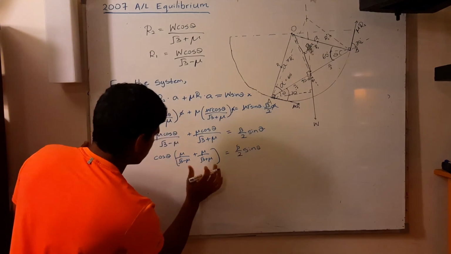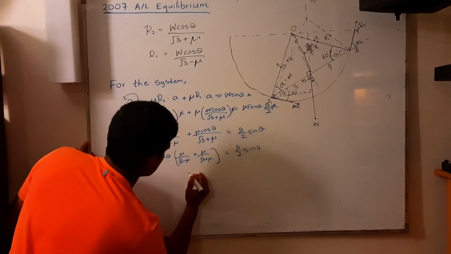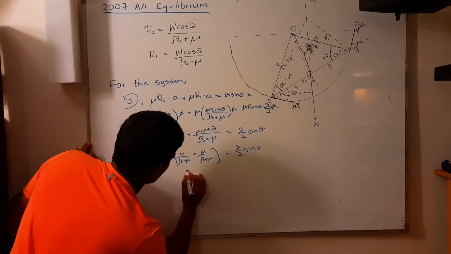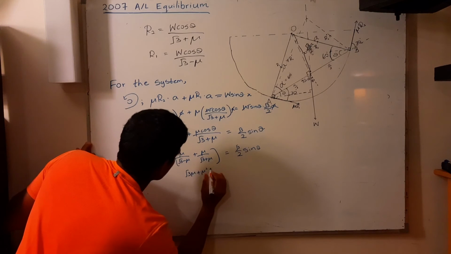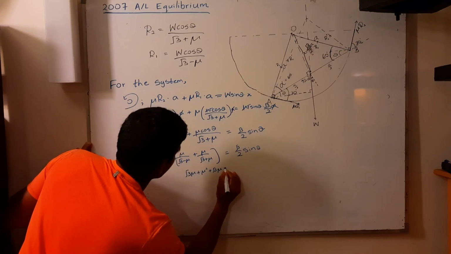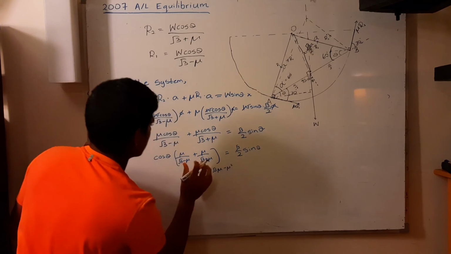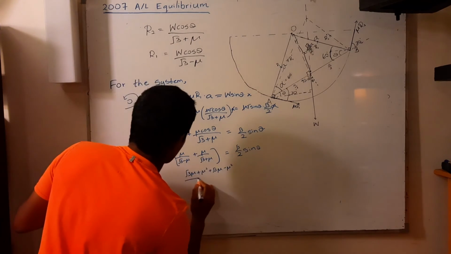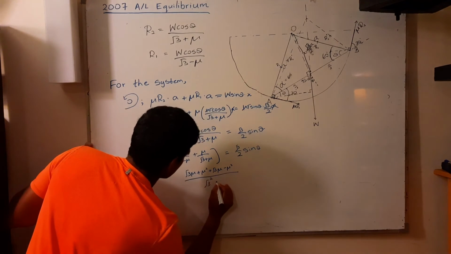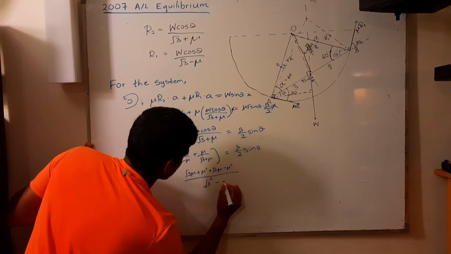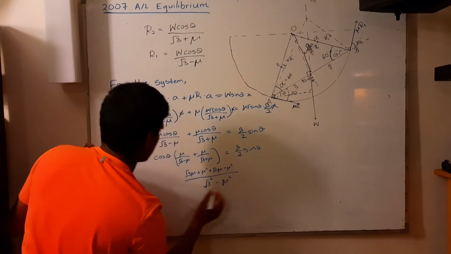If you simplify this, it becomes root 3 mu plus mu square plus root 3 mu minus mu square. Make it a common denominator, and then the difference of squares, root 3 square minus mu square.